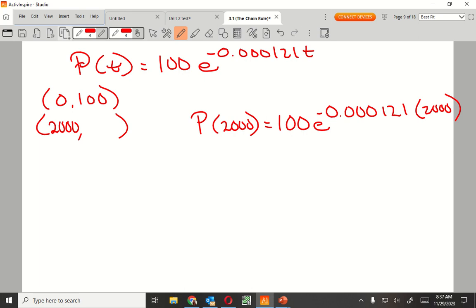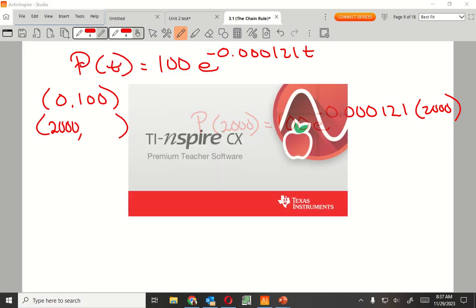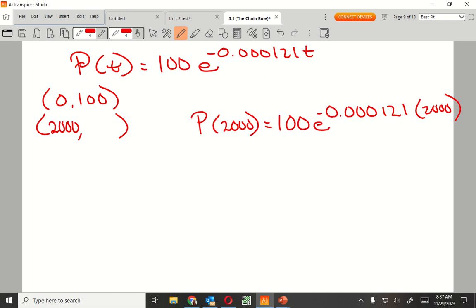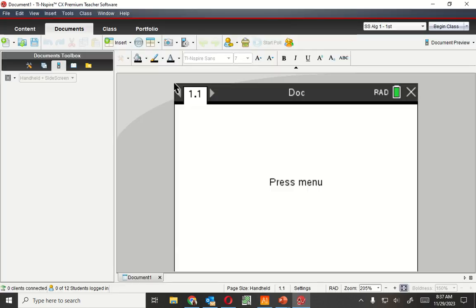Do you want it in fraction form or decimal form? Give me a decimal. How do you put it in? I'm pulling it up. It depends on where you're doing it.